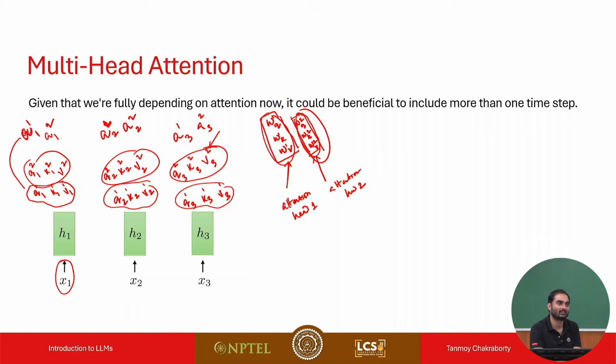Now why do we need these attention heads? Why do we need multiple such parameters? The idea is influenced by the convolutional neural network architecture.